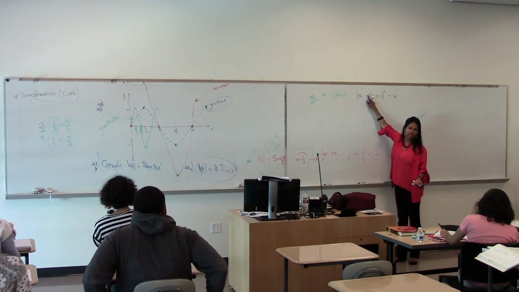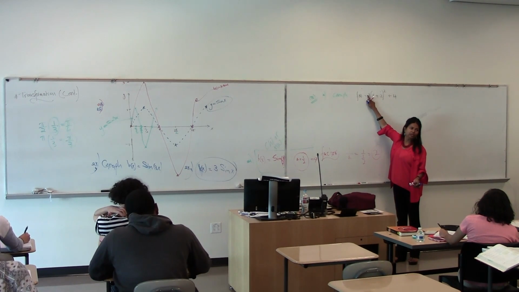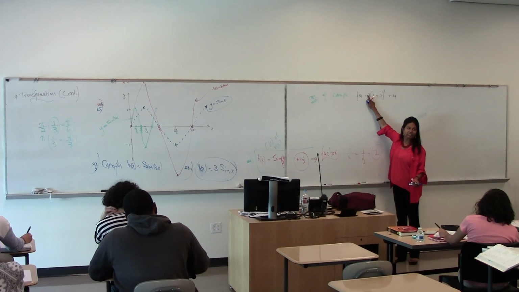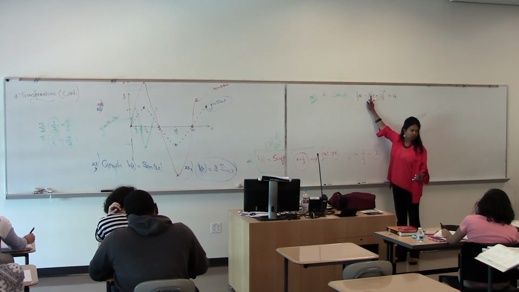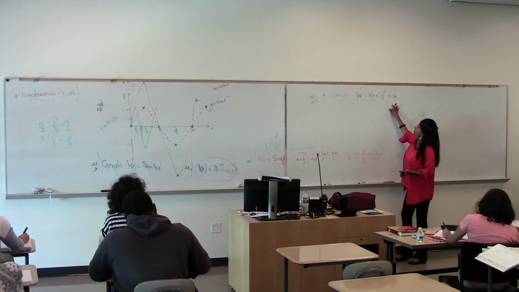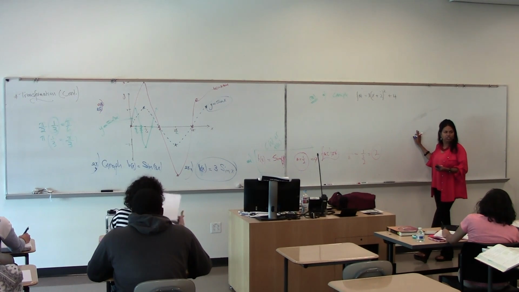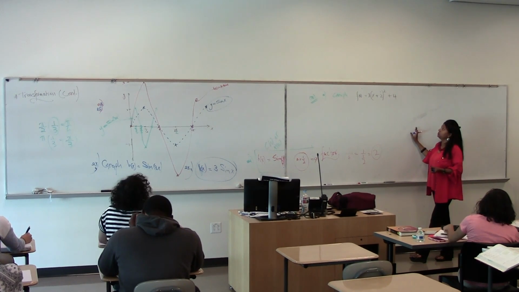If you have a negative sign here, it's going to be what? Reflection through what axis? Yeah, x-axis. Reflection through the x-axis. So here we are going to graph this using transformation.